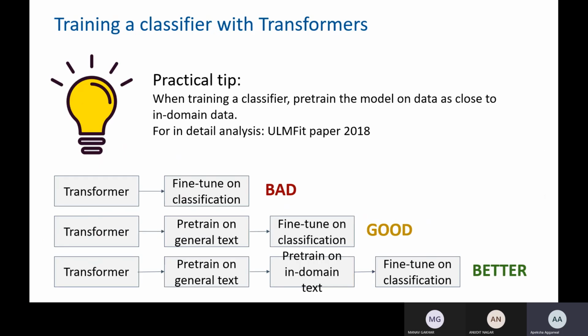This is a practical setting where you can use transformers. You pre-train on general text, which is your already defined models, then pre-train your model again on your data set, and then fine tune your model for the classification. This is the best approach for training a classifier with transformers.